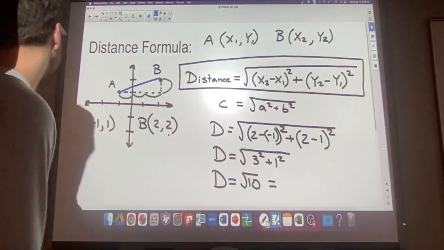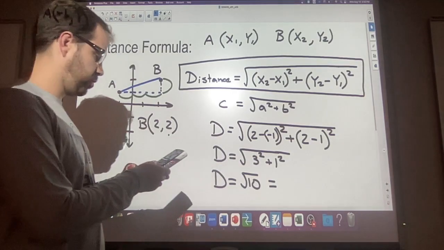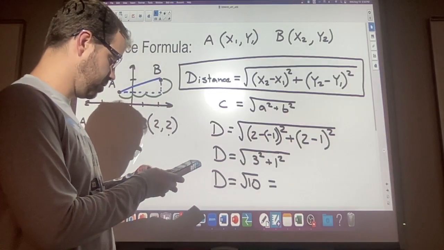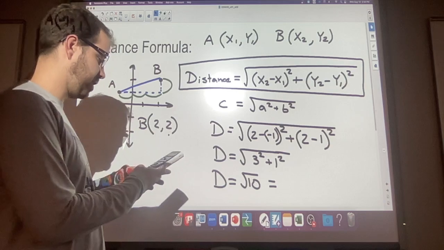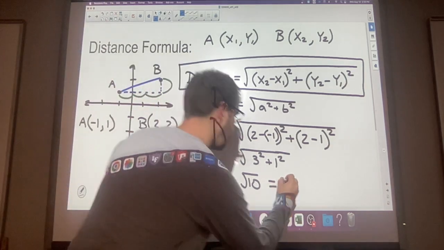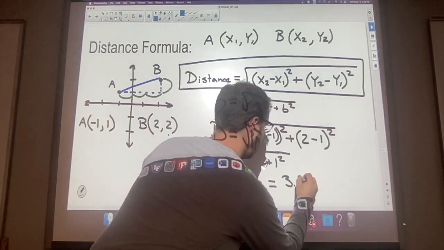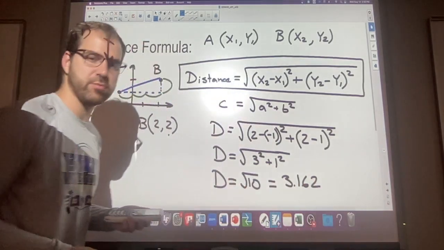Obviously I don't know this, so let me get a calculator. I'm going to take the square root of 10. It should be just over 3. I get 3.162, and it does keep going, but I'm going to round to 3 decimal places.